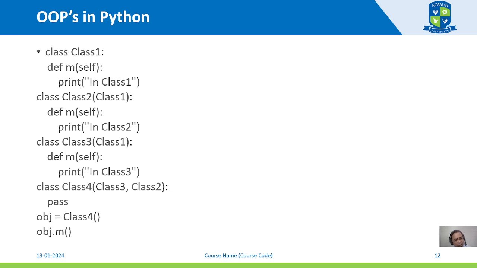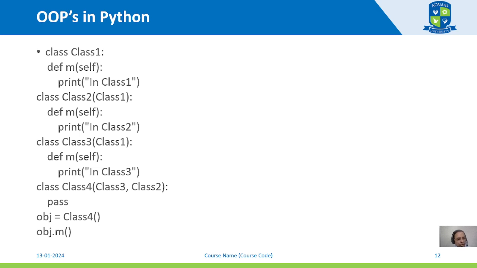Now we have created one object of class 4, and using that object we have called the m method. Now here interestingly it will call first the class 3 method. Okay, it will call the class 3 method and it will not call any other thing, because we have mentioned pass.